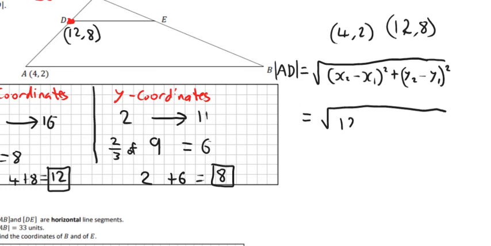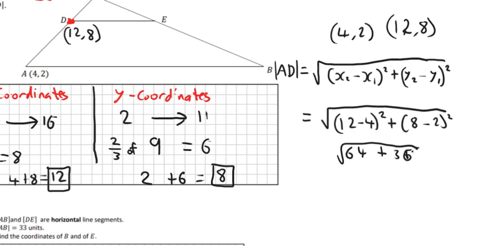So 12 minus 4 squared plus 8 minus 2 squared. 12 take 4 is 8, so 8 squared is 64, plus 8 take away 2 is 6, squared is 36.